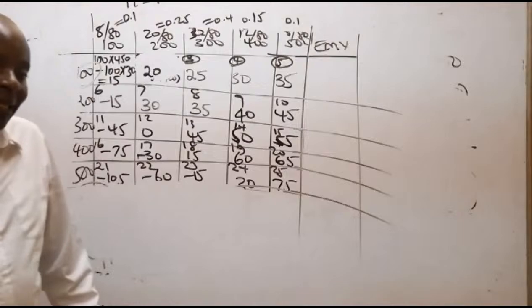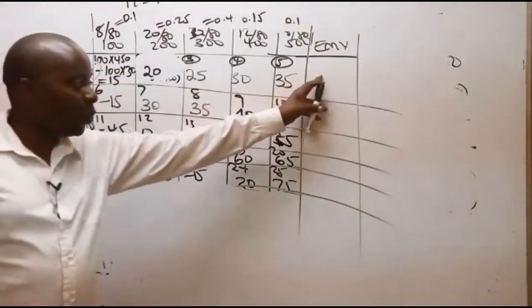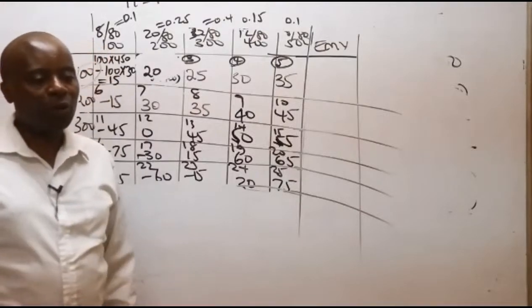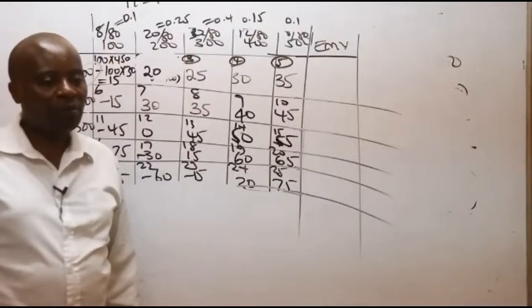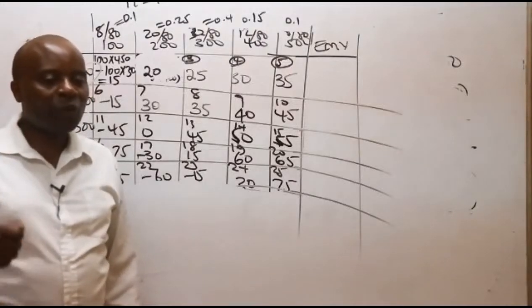So they haven't yet answered me. They haven't told me what they think I will do to get expected monetary value. What I expected you to tell me is that we multiply.